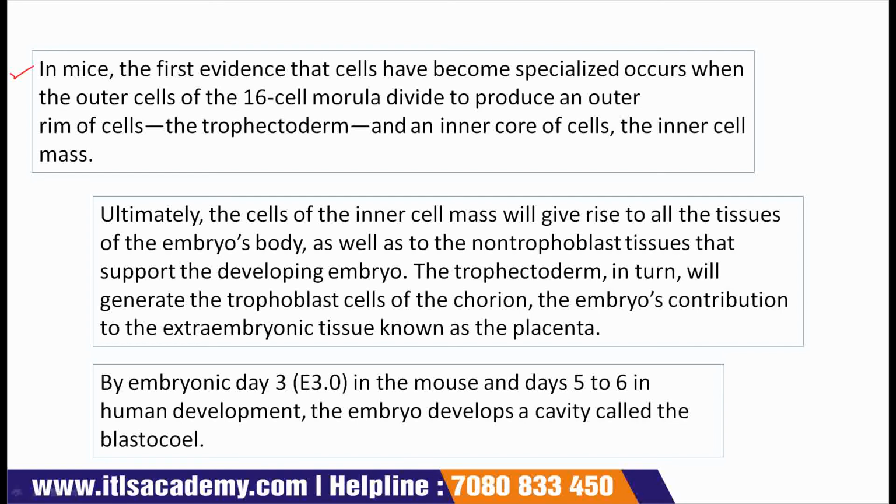In mice, the first evidence that cells have become specialized occurs when the outer cells of the 16 cell morula, a stage containing 16 cells, all connected by the gap junction, divide to produce an outer rim of cells, that is the trophoectoderm, and an inner core of cells, this is the inner cell mass.